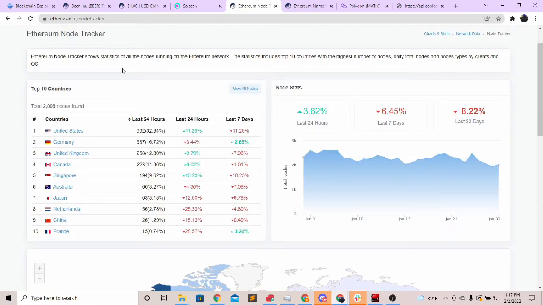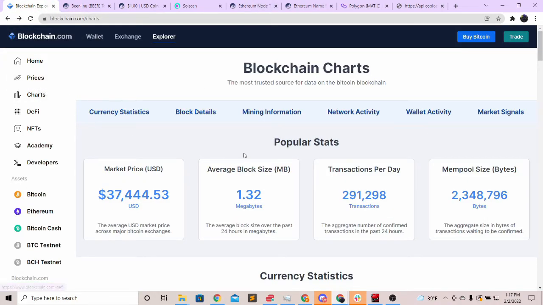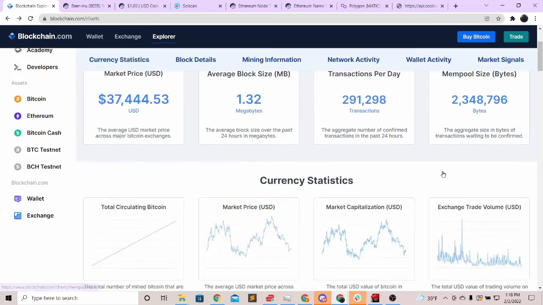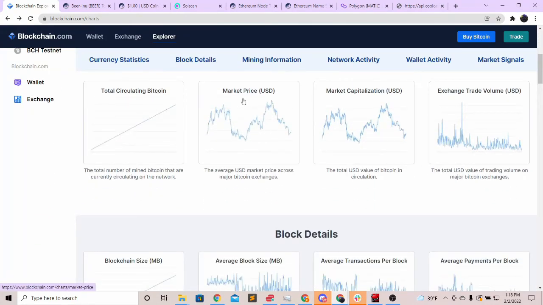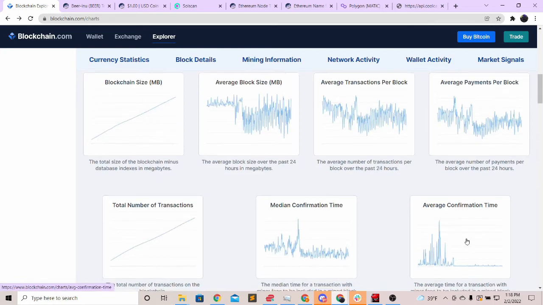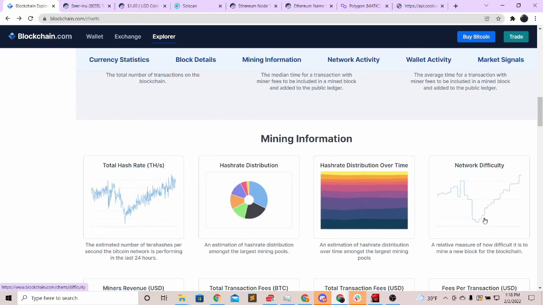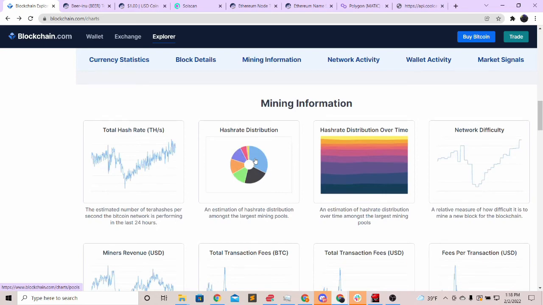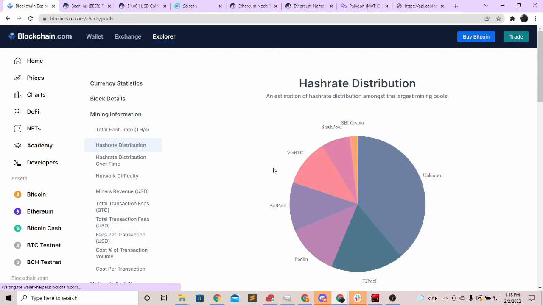We can get some similar things for the Bitcoin blockchain on blockchain.com's charts. We have transactions per day, mempool sizes, market price, same there, average block size, the amount of time it takes a block to be confirmed, the distribution of hash rate between the different miners, I believe this is for.